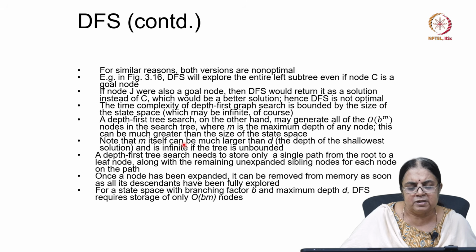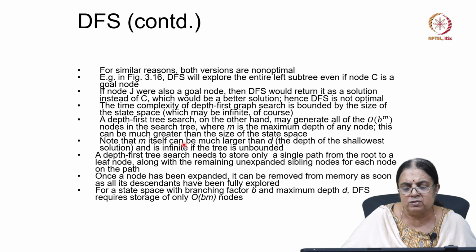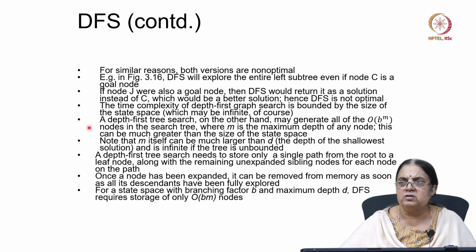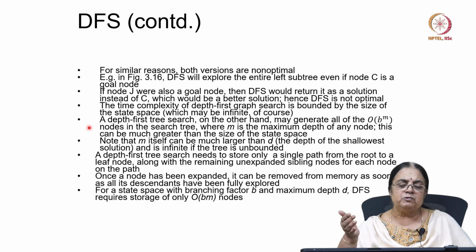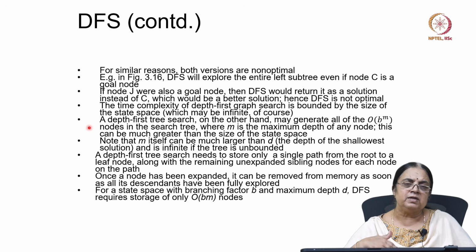So what happens is that many times you cannot run the depth first search to some level D, right? Suppose you say that you are going to go to a level D till there are no more nodes to be expanded. You may find that you keep on going down infinitely.